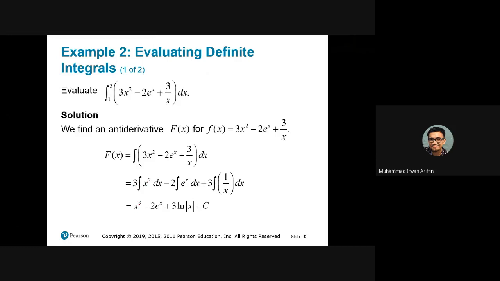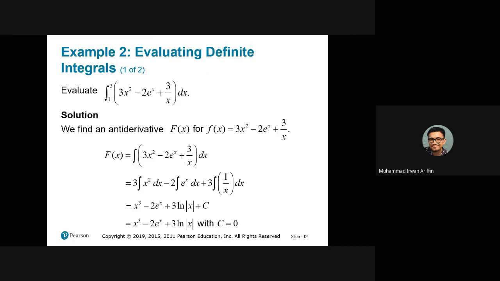So 3 cancels with 3, and we get the exponent itself. And then this is 1 over x, so we get 3 multiplied, because it is a constant, with the natural log of the absolute value of x plus c. And because now we want to evaluate the definite integral from 1 to 3, we're going to impose this restriction where c equals 0.